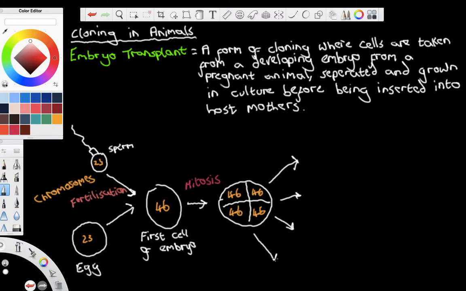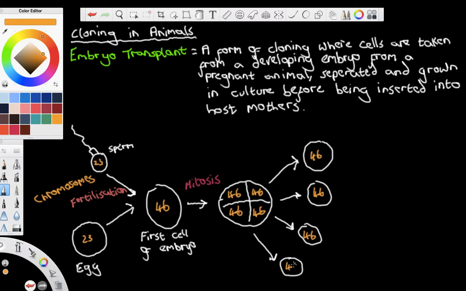Okay? So now, rather than having one ball of cells, you would have 4 cells that are all identical to each other. They're all identical to this cell. So they've all got 46 chromosomes still inside of them, and they're exact copies of this original cell.